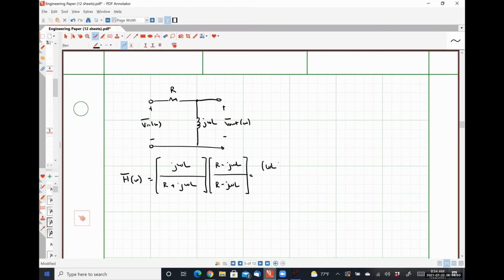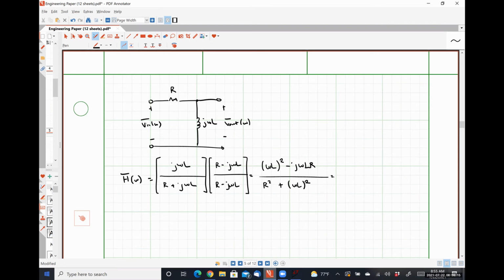omega L squared minus j omega L R divided by R squared plus (omega L) squared.